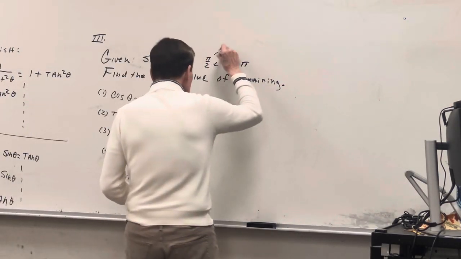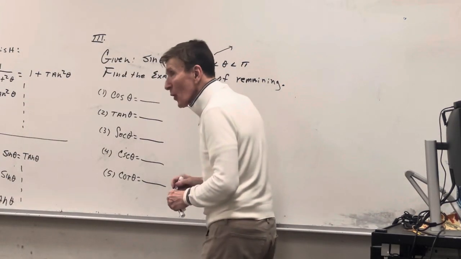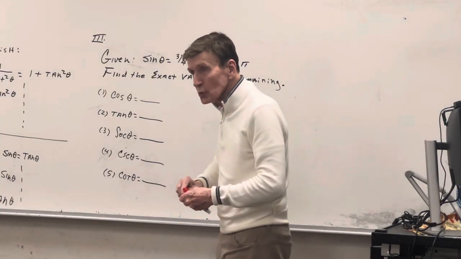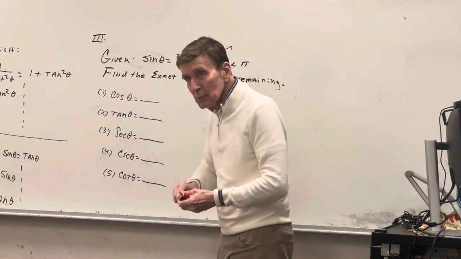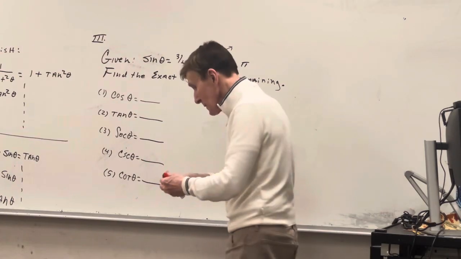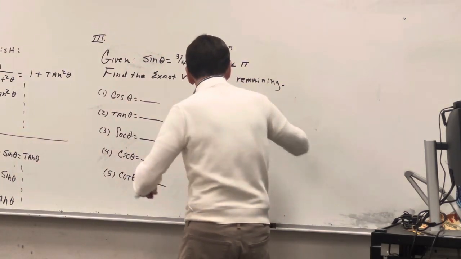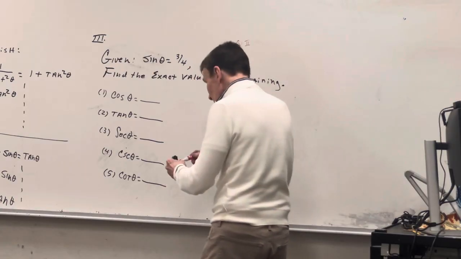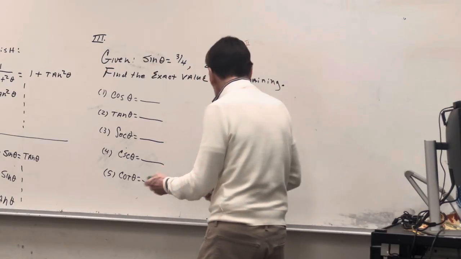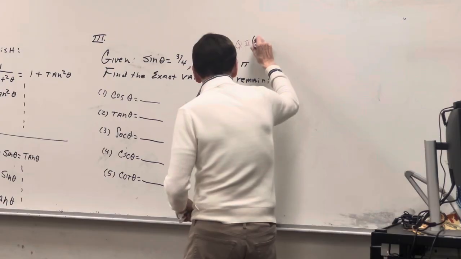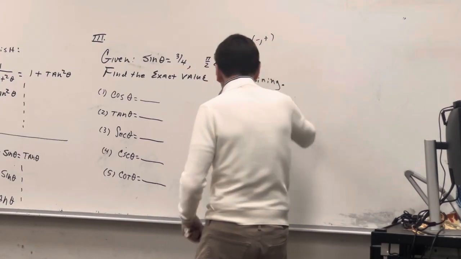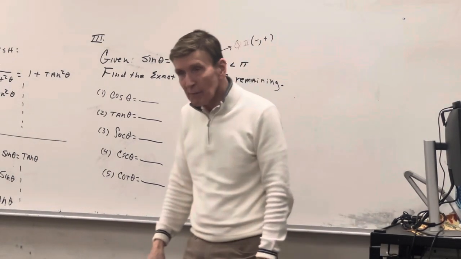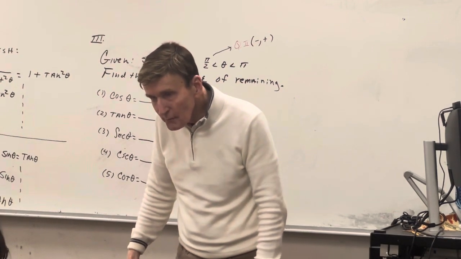This right here says you're caught between 90 and 180, so you're in quadrant 2, between pi over 2 and pi. That's going to play a part. Since he tells me I'm in quadrant 2, let me point out these markers, minus and plus. That's what's going to play a part. Negative and positive.